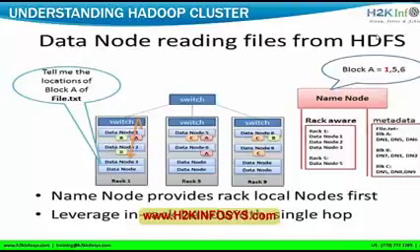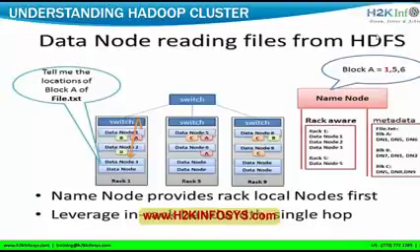In rack 1, data node 1 has block A. So the first thing data node 3 does is go to data node 1 and ask for block A. If data node 1 is able to give that information, it's fine and it will process that task. If data node 1 is not able to give block A, then data node 3 will go to data node 5, which is in rack 5, to get block A.